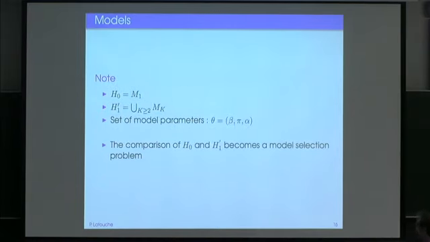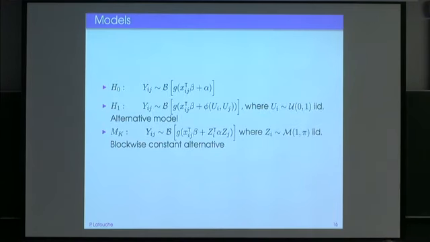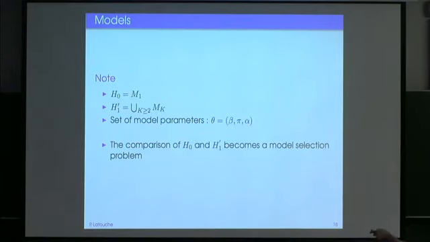So hypothesis H0 corresponds to model M1 exactly, because if you've got only one cluster, then this term boils down to only one alpha. So if you've got one cluster, this corresponds exactly to H0. So no problem in that case.